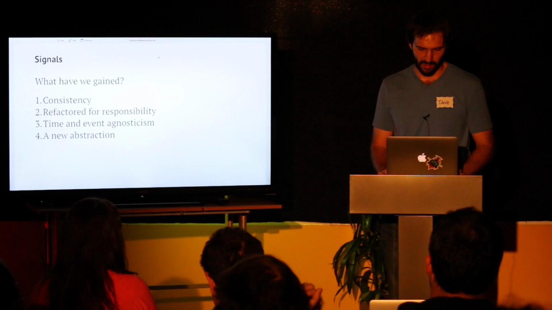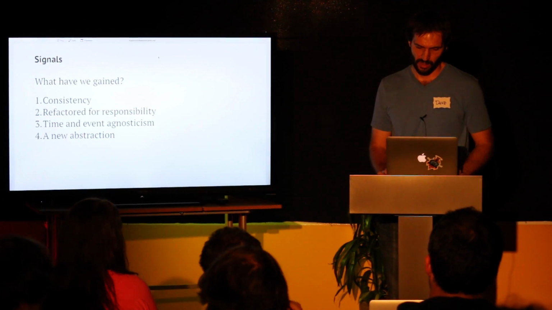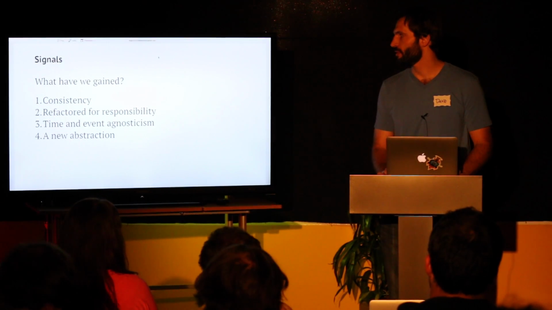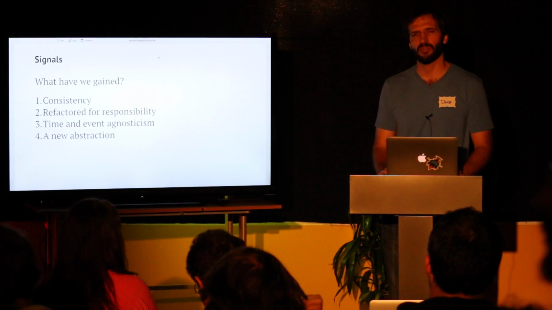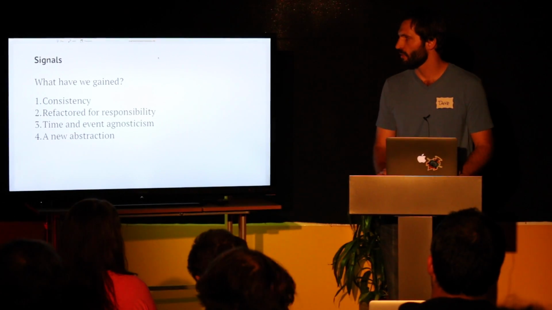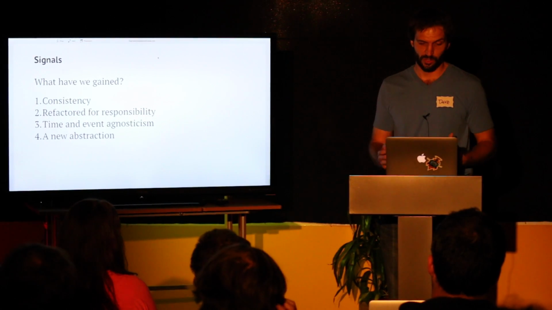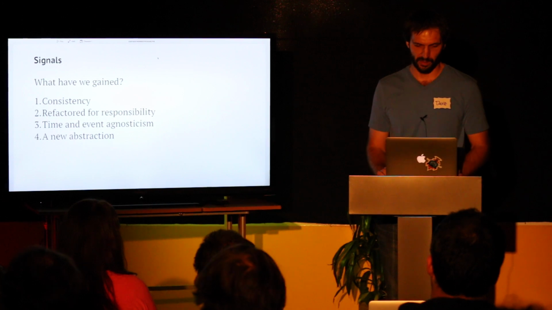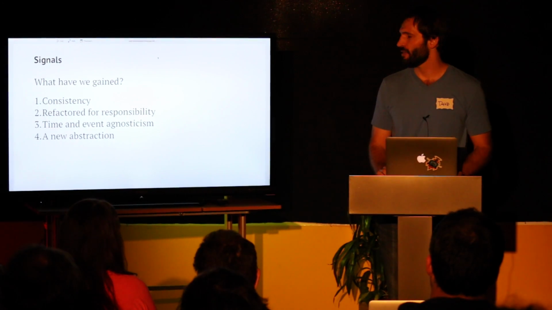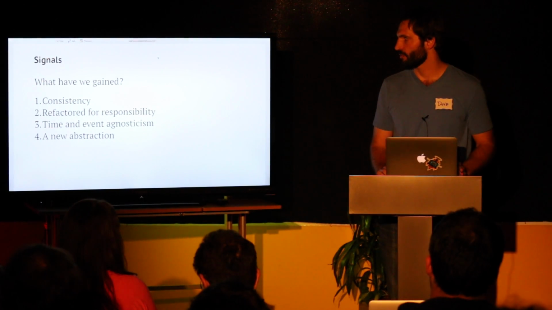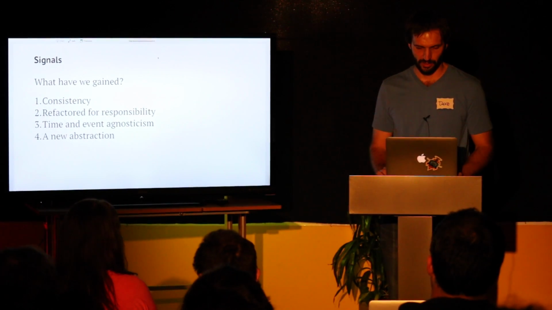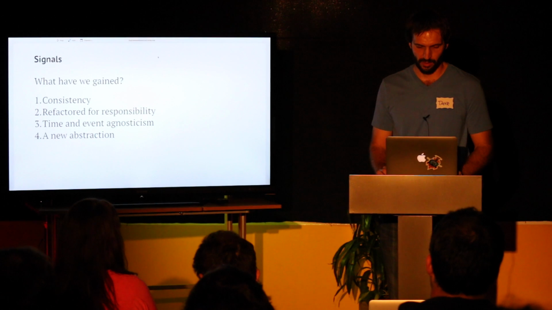Signals are time and event agnostic. What I mean by that is that a signal can be synchronous and it can be asynchronous. When you subscribe to a signal, you can get data right away or it might take some time. It doesn't really matter. You don't have to worry about it because later on we'll see how you can compose signals together.